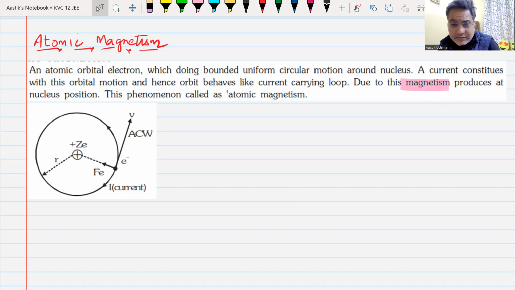Z is the atomic number, the number of protons, multiplied by e, this positive charge. And then one electron is moving in circular orbits. Do we understand this? Yes, sir.